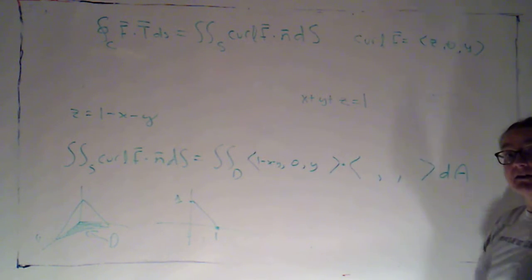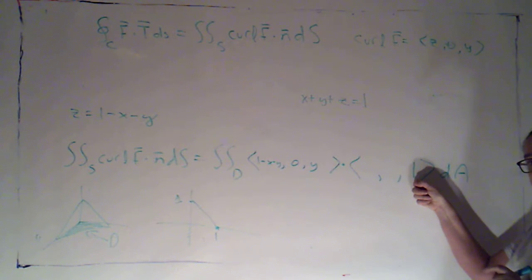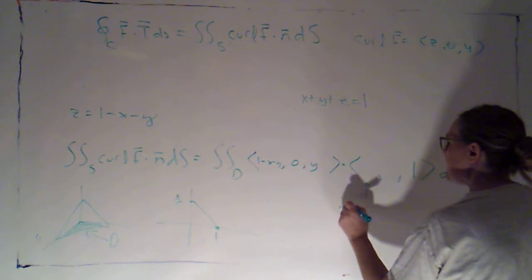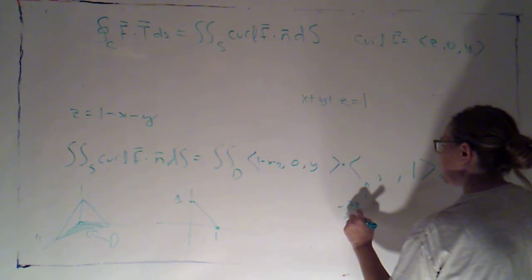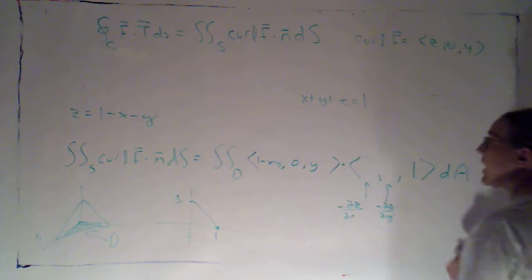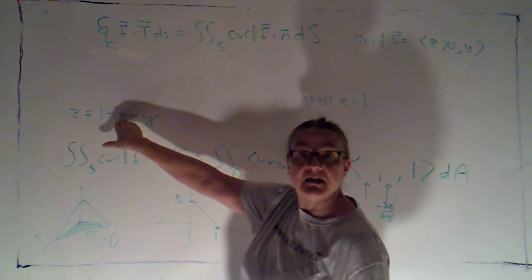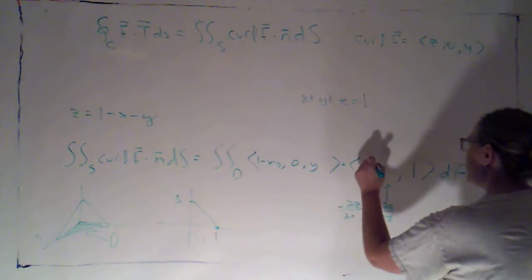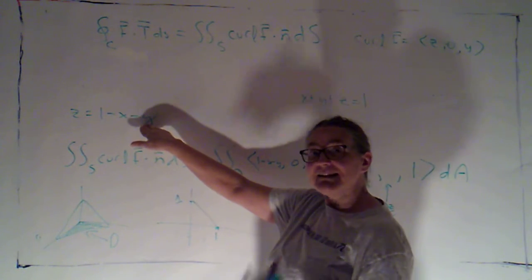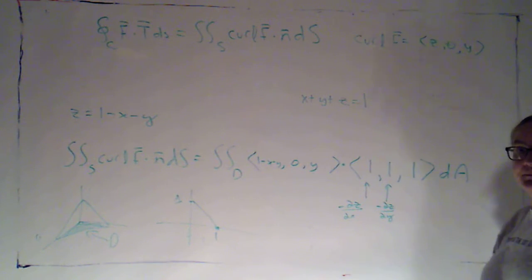Now, we said we wanted this oriented upward, so I know I want the z component to be positive. That means that what goes here is the opposite of the partial of z with respect to x and the opposite of the partial of z with respect to y. Well, let's see, partial of z with respect to x would be negative 1. The opposite of that will be positive 1. Partial of z with respect to y is negative 1. The opposite of that is positive 1.